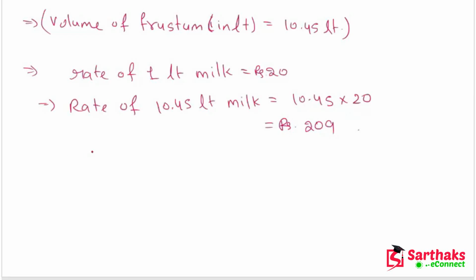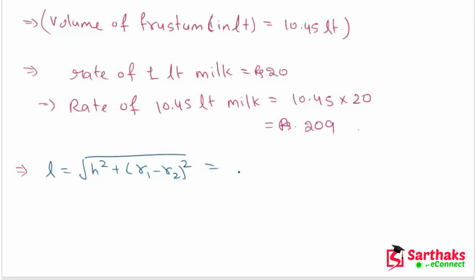So now we have to find the cost of container. For finding this, we have to find the surface area of the container. First of all we have to find the slant height. We know that slant height is equal to under root h square plus (r1 minus r2) whole square.